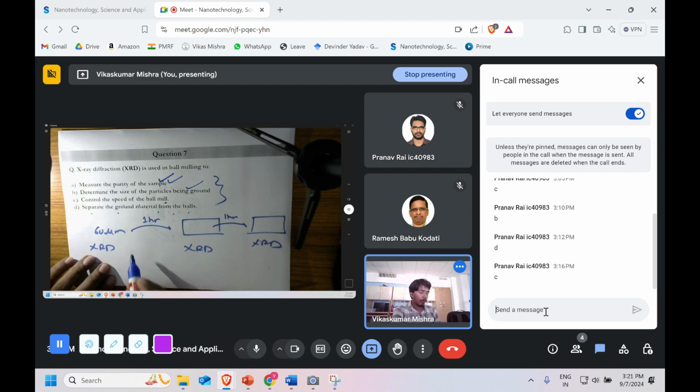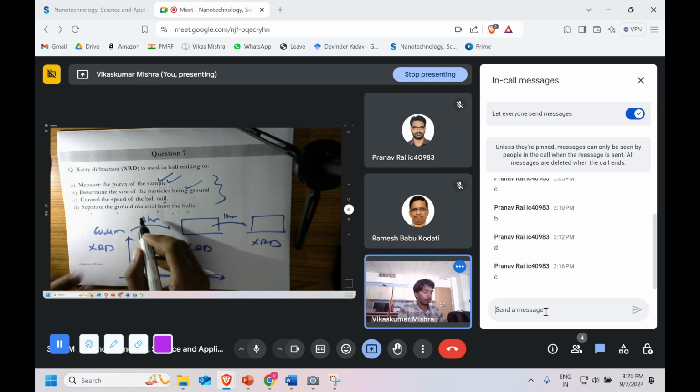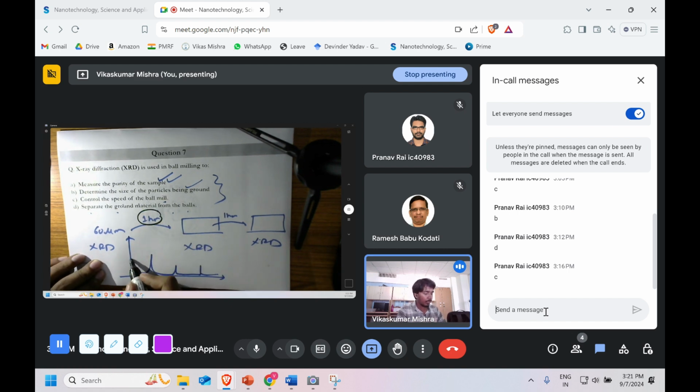Now, let's say I do the XRD of this. The initial material was looking something like this, the XRD pattern of that. Now, after 1 hour, we are seeing that it will look something like this. The peak has got broader.